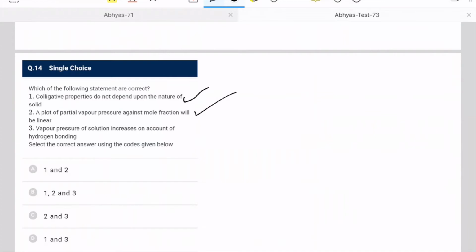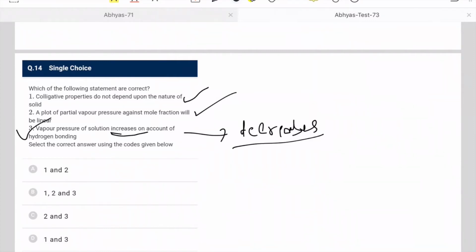Vapor pressure of solution increases on account of hydrogen bonding. Here it does not increase, it decreases, because association is forming and vapor pressure will be decreasing. So 3 is the correct option.